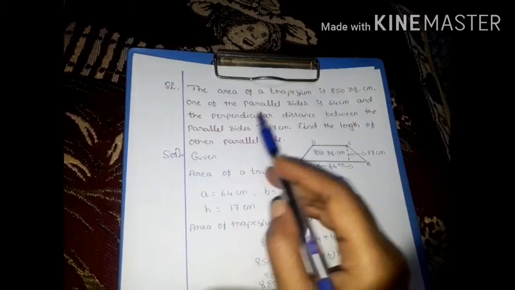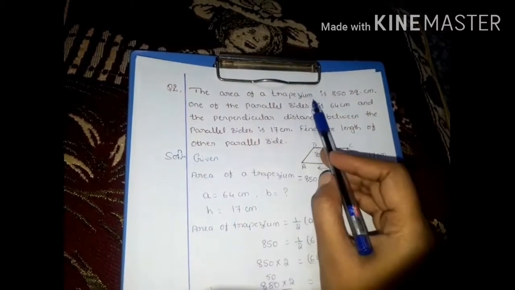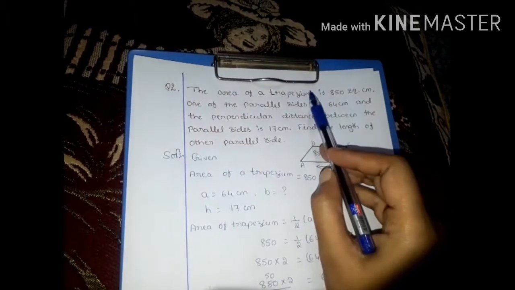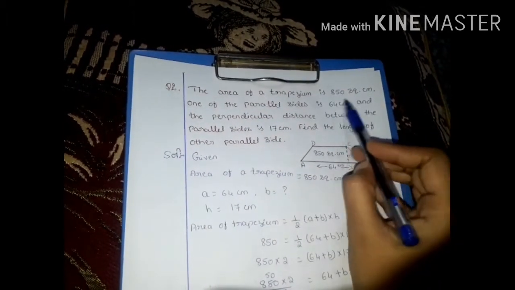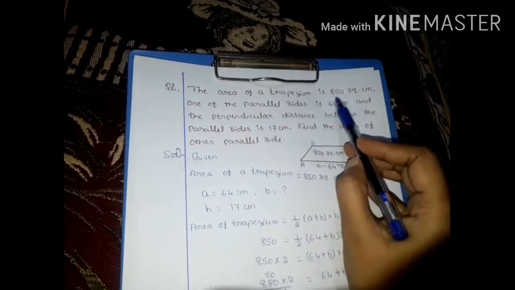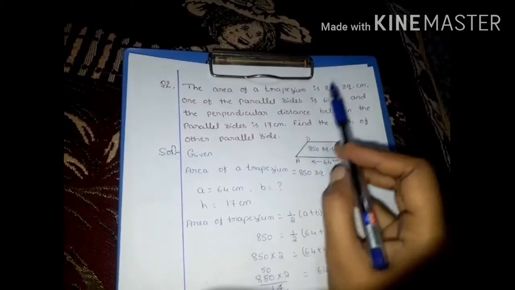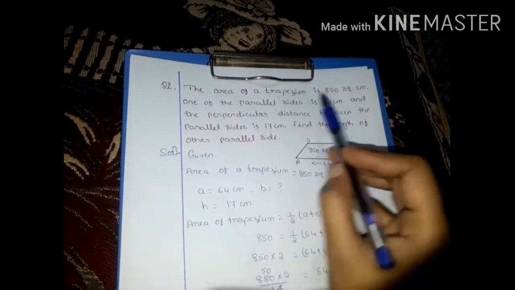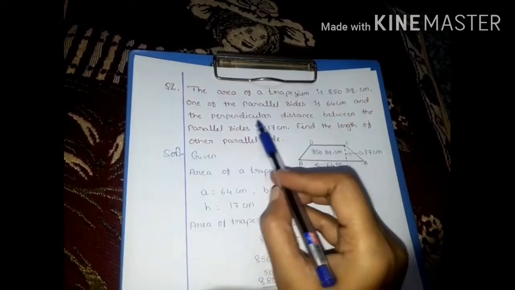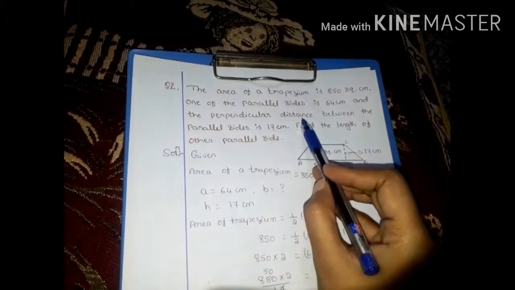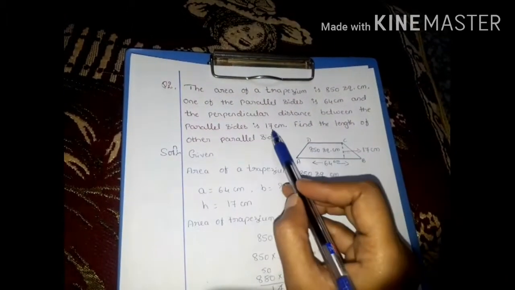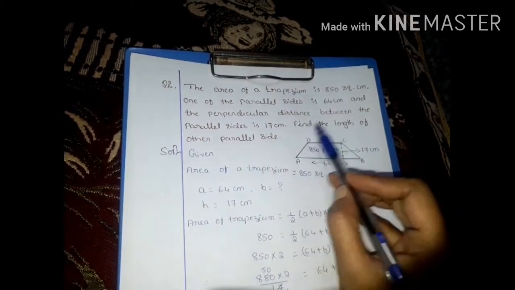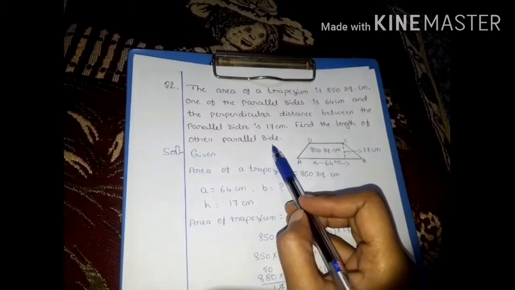In this question, the area of the trapezium is already given. In the previous question, we found the area of the trapezium, but in this question the area 850 square centimeter is given, and also one of the parallel sides is 64 centimeter and the perpendicular distance, nothing but height, between parallel sides is 17 centimeter. This is height. Here you have to find the length of the other parallel side.